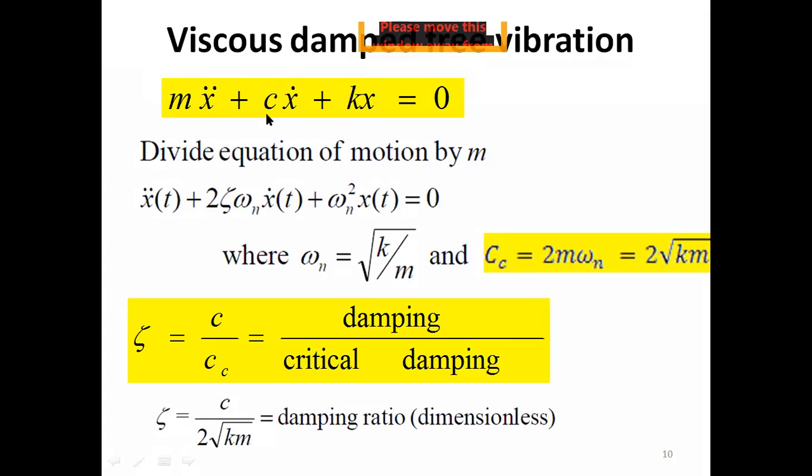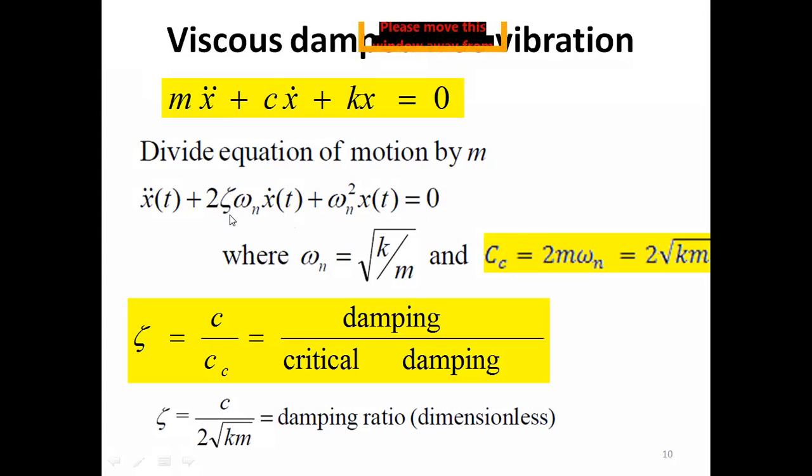So here you see that once we divide the equation by m, we would have C by m, and that C by m is actually 2 zeta omega n. So now we have the equation in the standard form, that is in terms of natural frequency omega n, and in terms of the damping ratio.